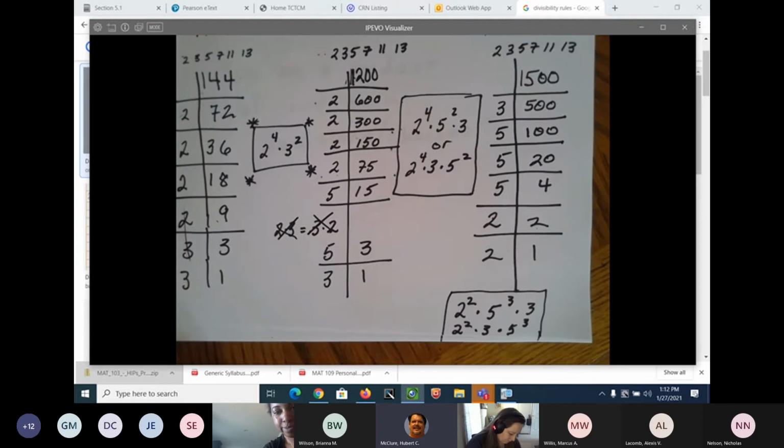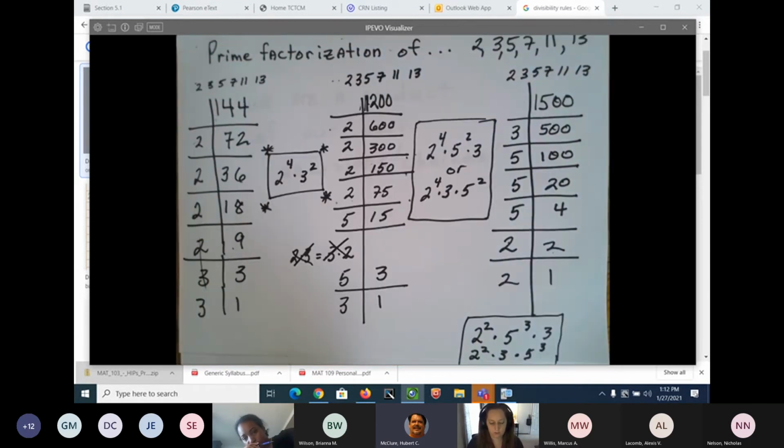And that is the base right now of chapter 5. That is your foundation right here. If you can't do prime factorization in a timely manner, you're going to have problems when we get to LCM and GCD, which is the next class, which will be Friday.